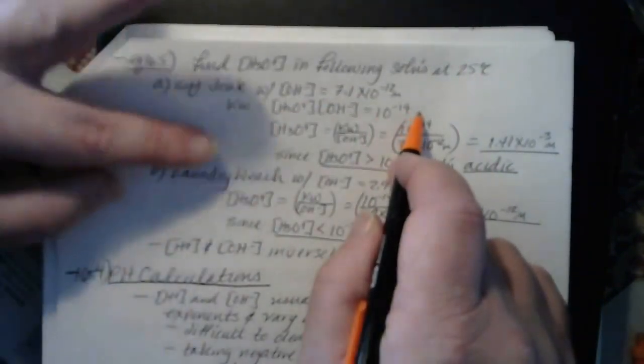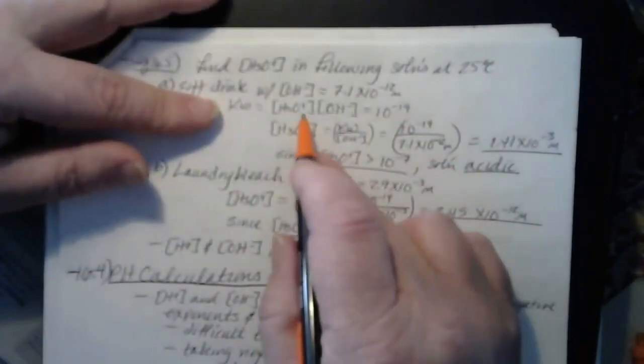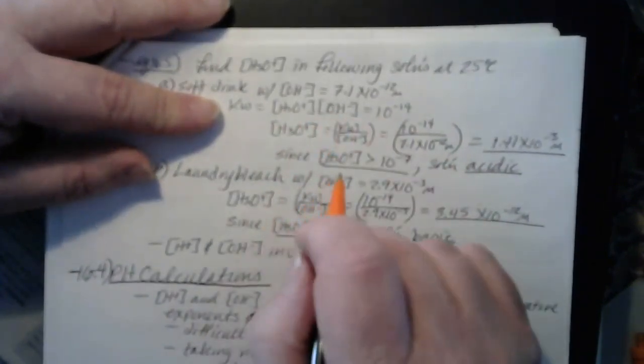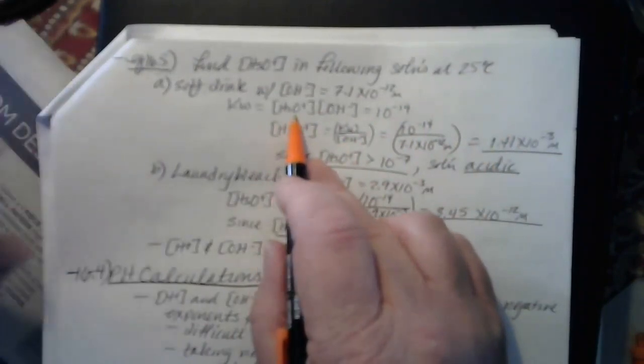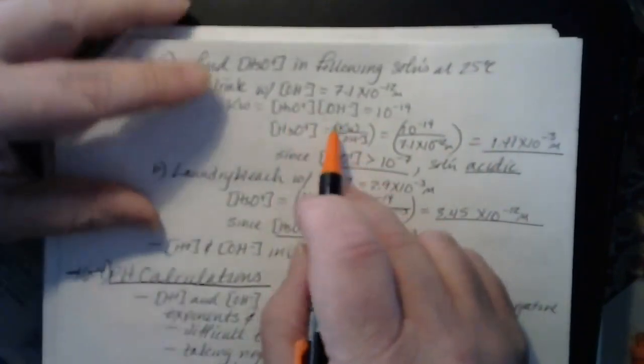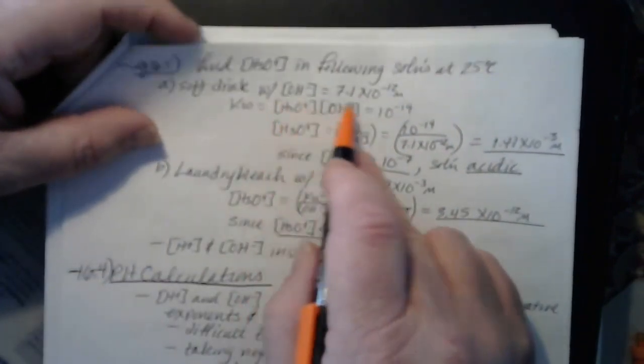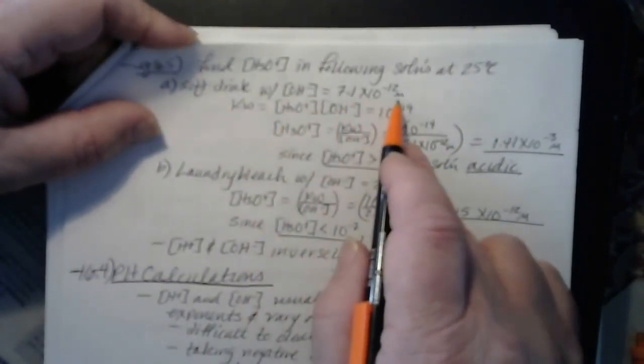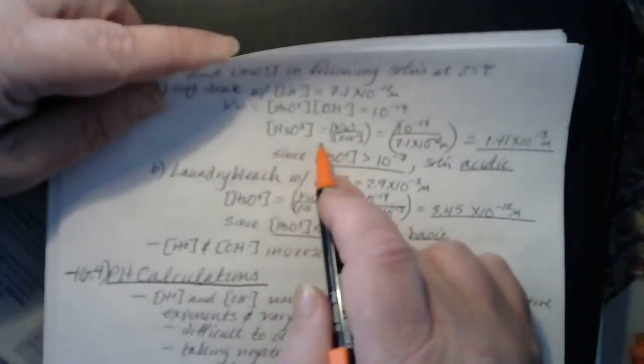But that's not the way we usually use that equation, because we already know that this times this is going to be 10 to the minus 14. The way we use that equation is to find either H3O plus or OH minus when we know the other one. In this example, we know that OH minus is 7.1 times 10 to the minus 12, but what we want is H3O plus.